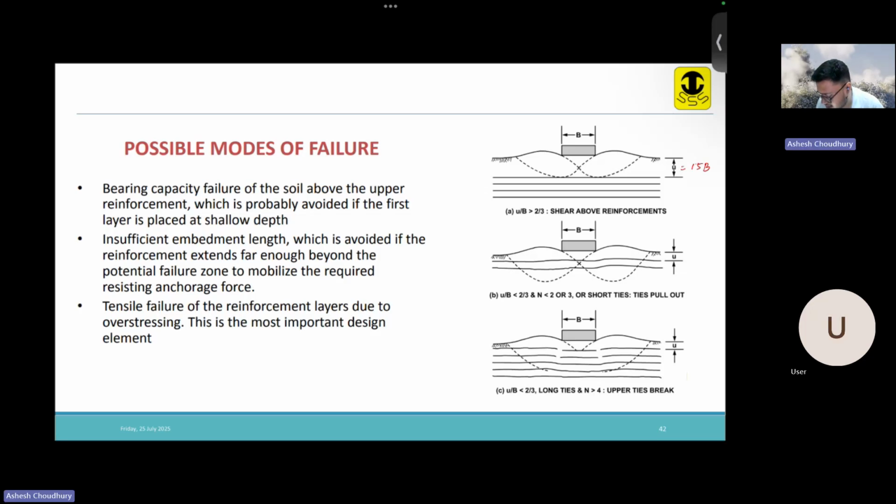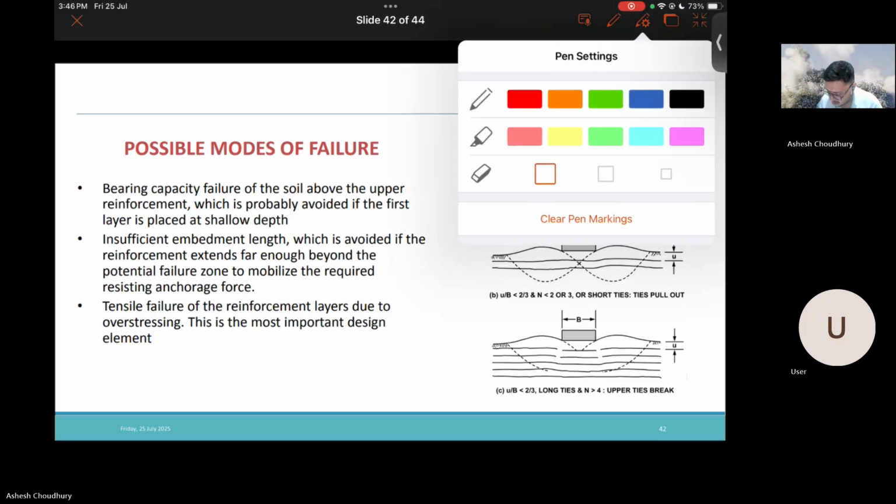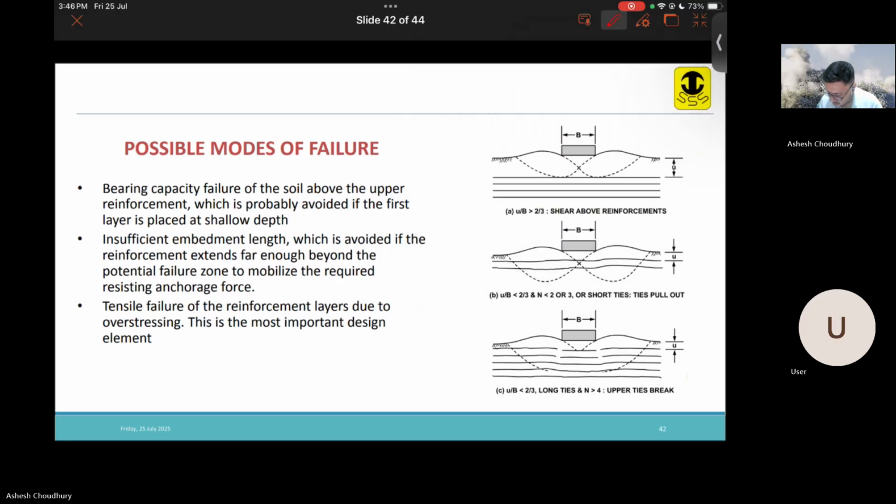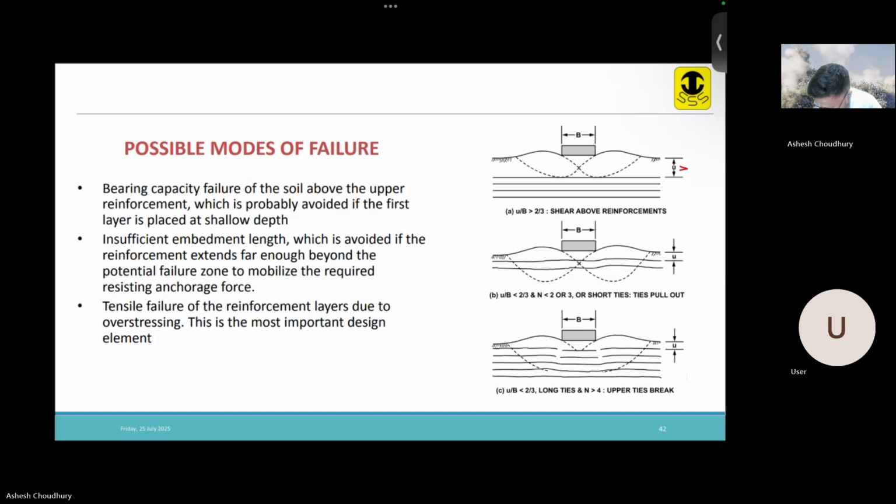Now, in this case, what happens? The shear failure surface develops at the top itself, only above the reinforcement.